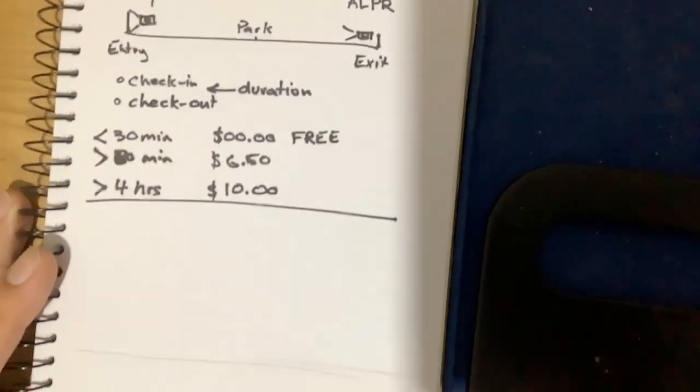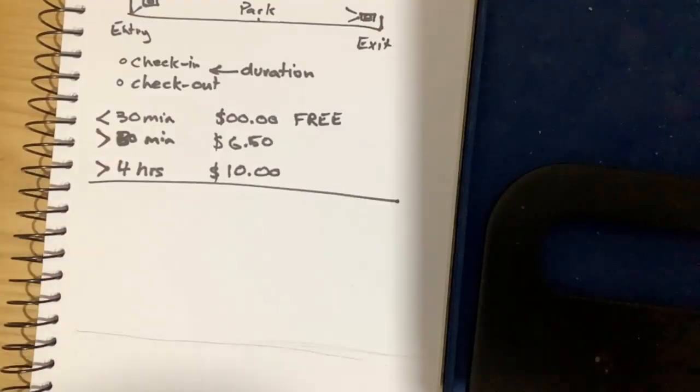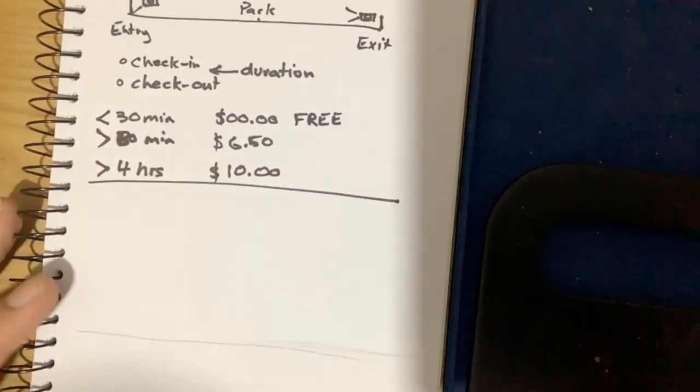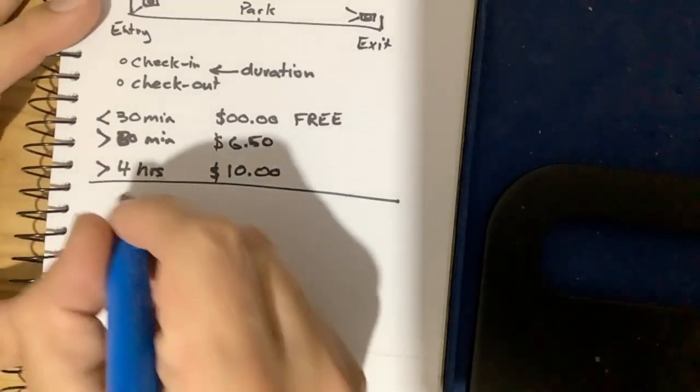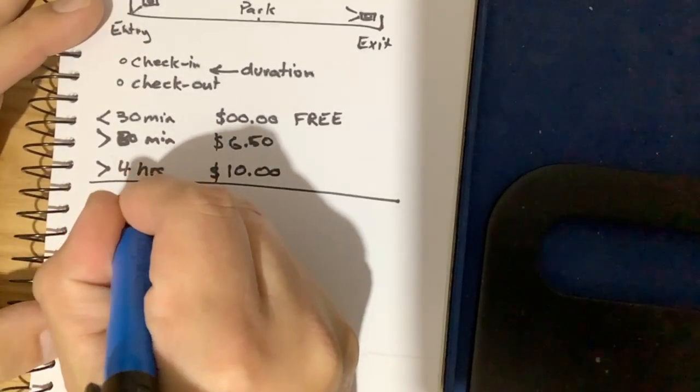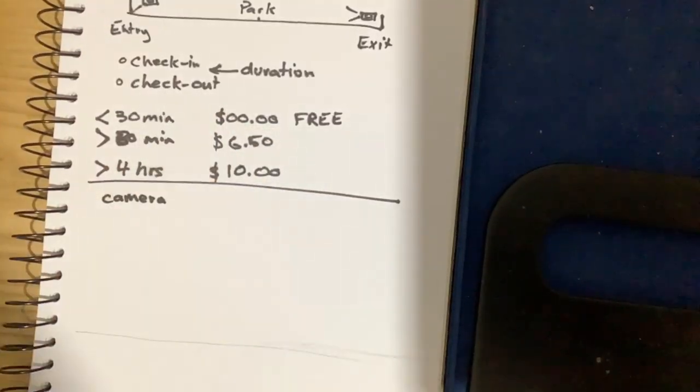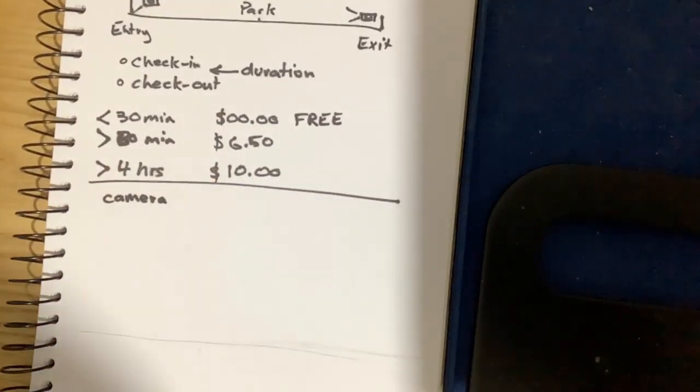And so what we want to do now is work out what is the hardware we need for this parking system to work. Right, so what do we need? We need a camera, or we need something with a camera. There are some cameras that have computers built in.